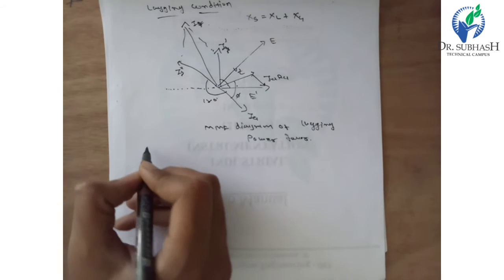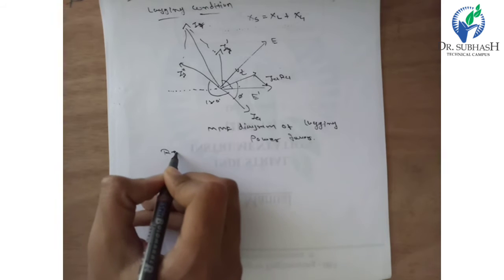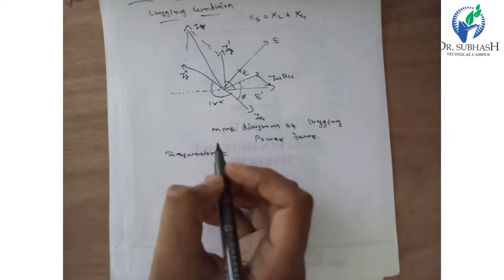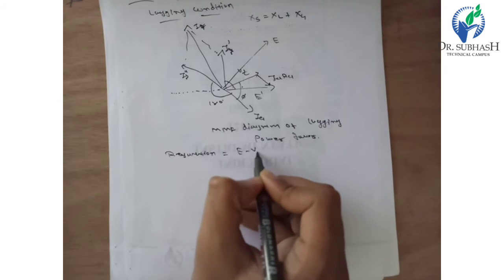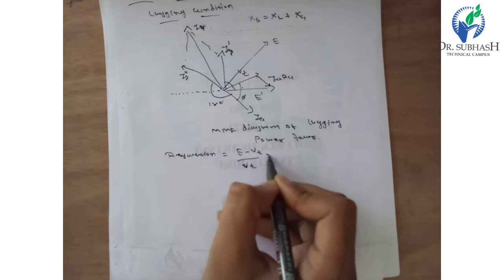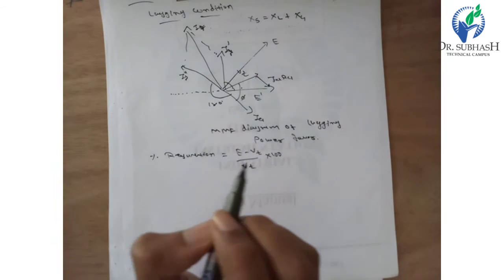The voltage regulation is equal to E minus Vt upon Vt, and for the percentage regulation, multiply by 100.